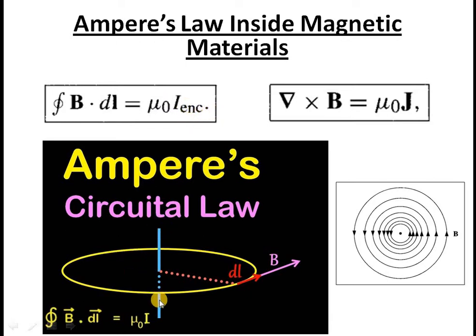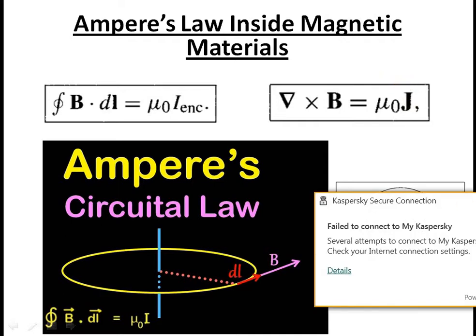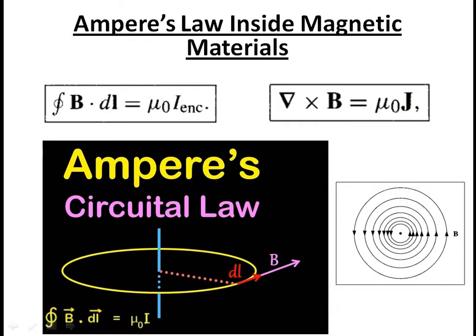This is the current, and this is a line integral, so there is no confusion. The current will be simply free current, and the corresponding differential form was del cross B equal to mu 0 times J, where J is the current density, volume current density, but not bound current density. Understand?